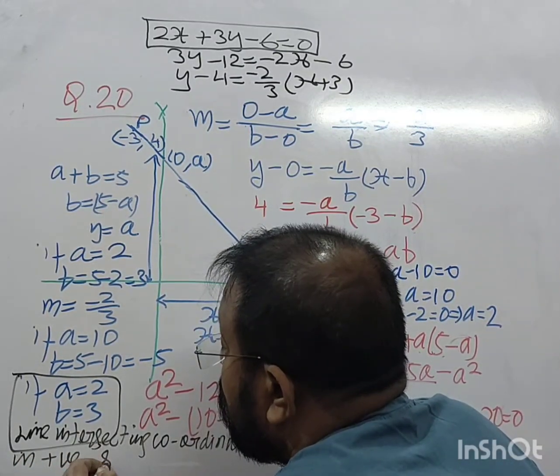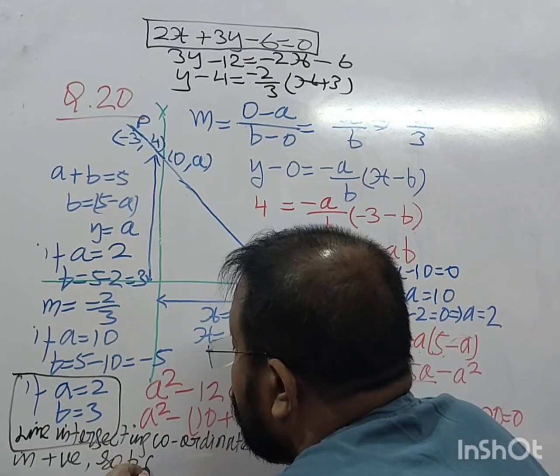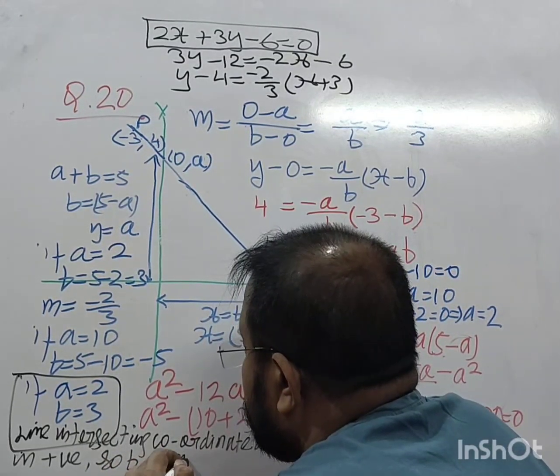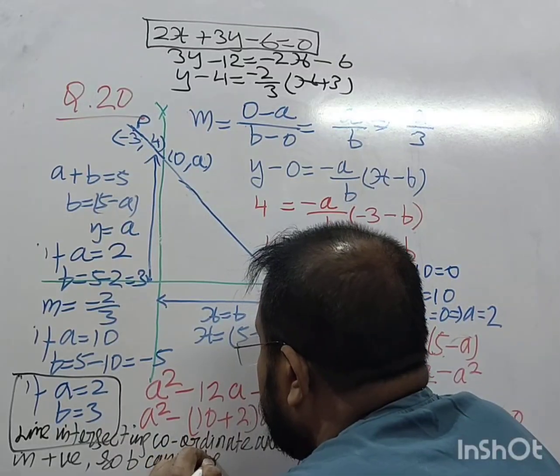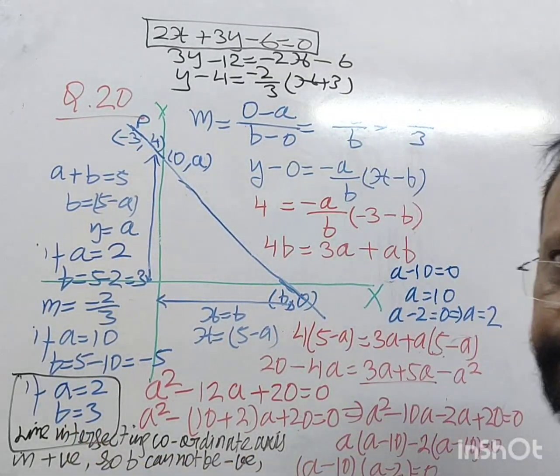So B cannot be negative, therefore it is right.